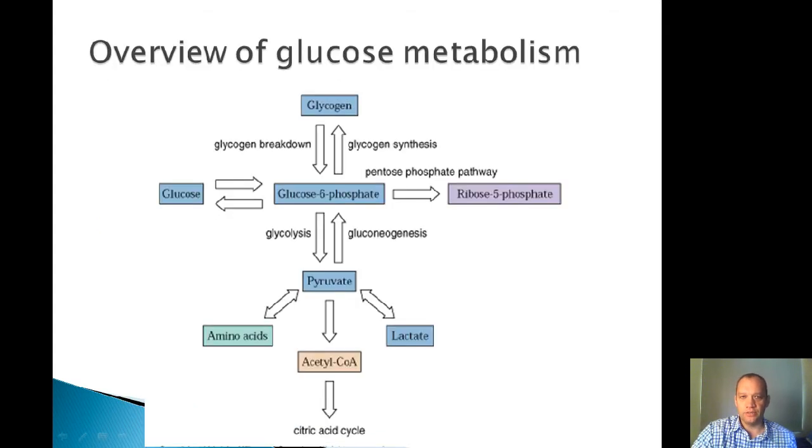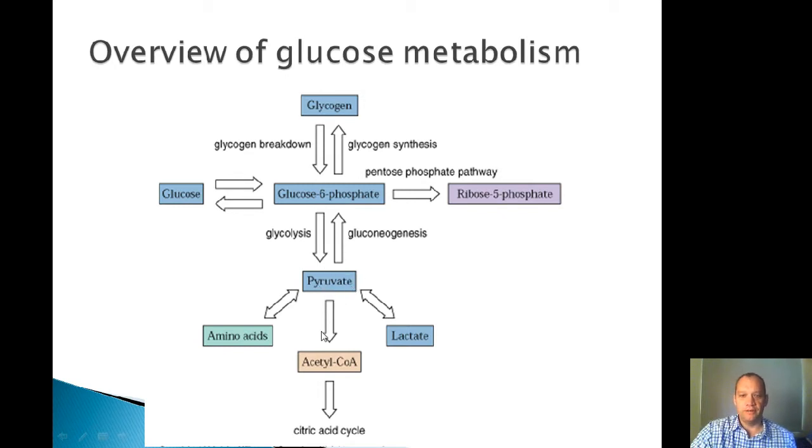So just as a quick overview of glucose metabolism at this stage, what we've looked at during our lectures on glycolysis is how glucose, when it enters the cell, gets phosphorylated to glucose 6-phosphate, and then the rest of the glycolysis reactions turn that into pyruvate.